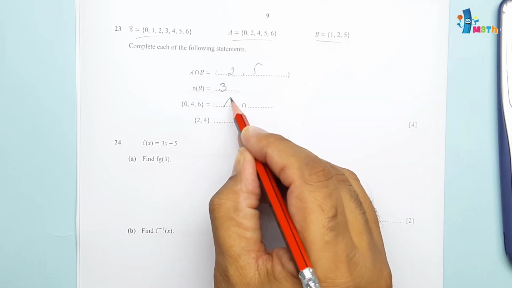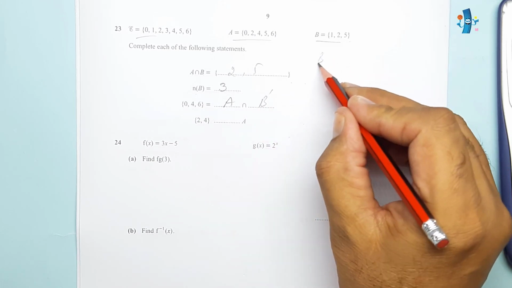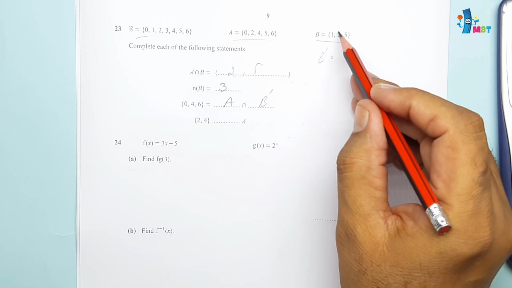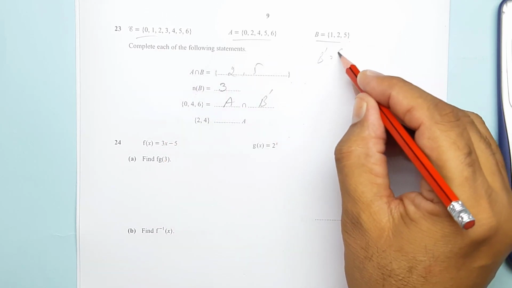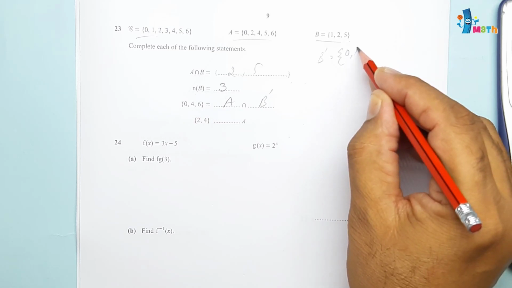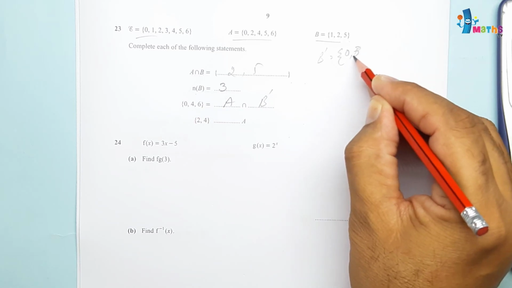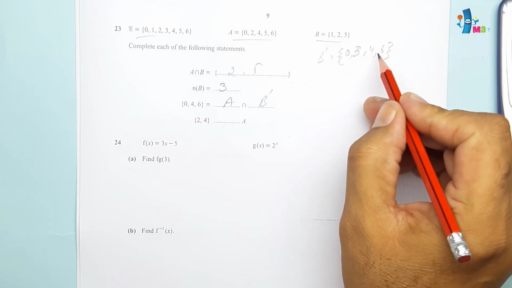So A intersection B complement. Basically, if you want to understand, B complement will be excluding these numbers from the universal set. So remaining will be 0, 1 will not be there, 2 will not be there, 3 and 4 and 6, these numbers will be there.